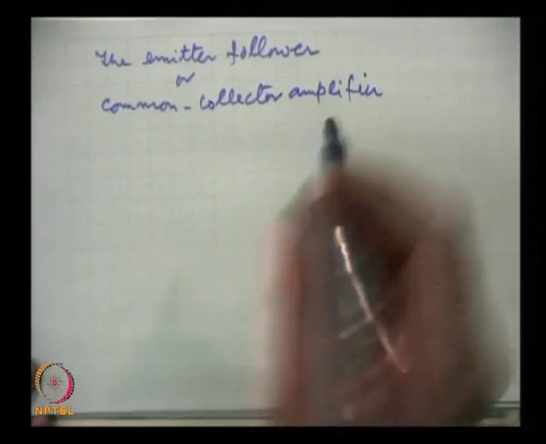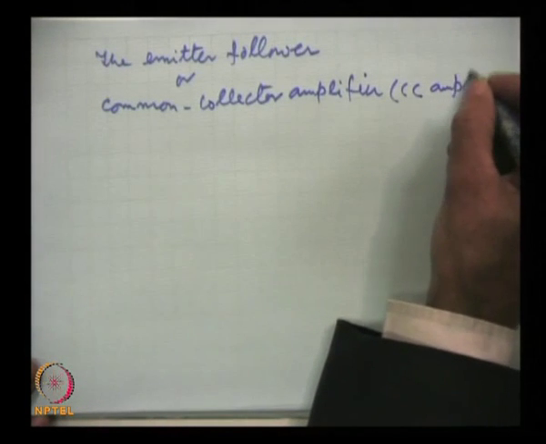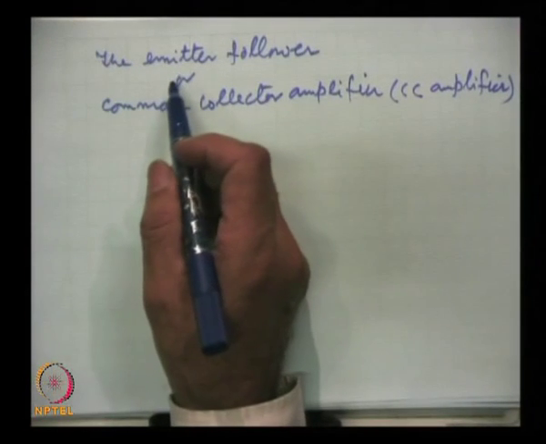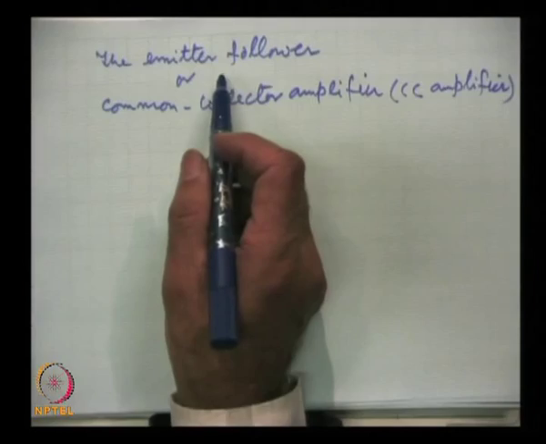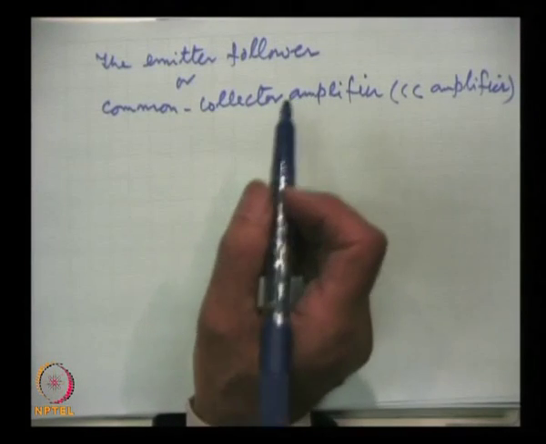The common collector amplifier, CC amplifier, is popularly known as emitter follower, and why it is called emitter follower, we will soon discuss.